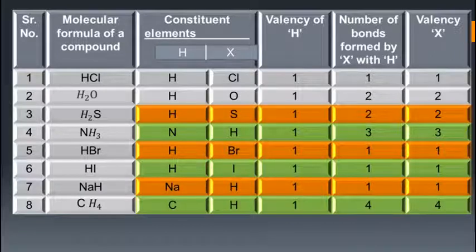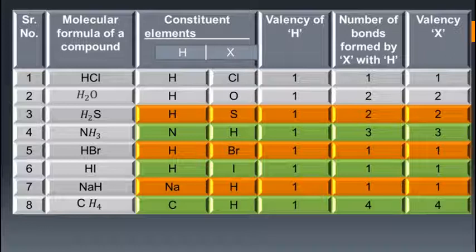The number of bonds formed by X with H will be 3. Why 3? Because 3 atoms of hydrogen are there, so they will form 3 bonds with the nitrogen atom. So the valency will be 3.